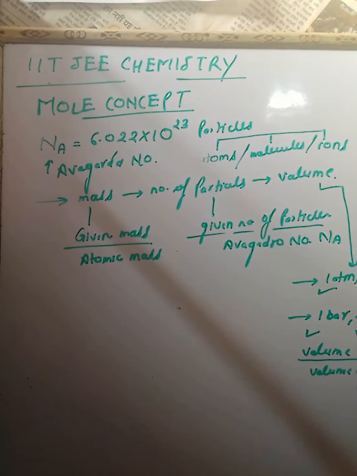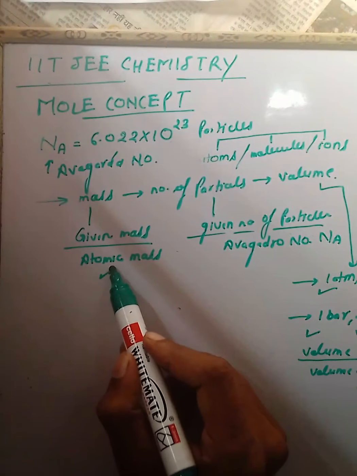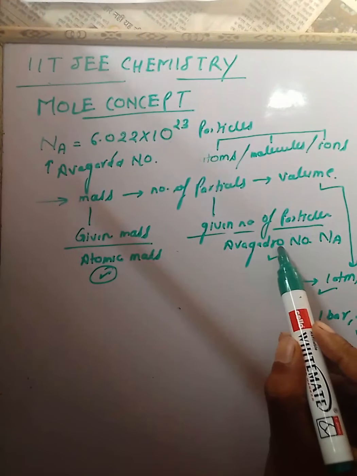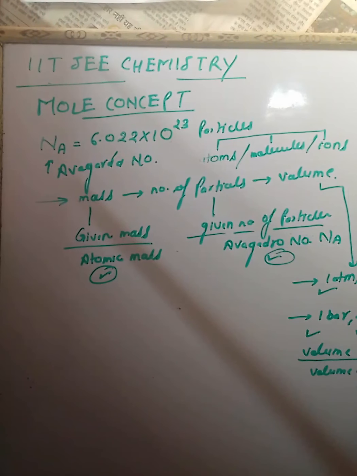Okay, so either 22.7 liters or 22.4 liters. So these are the basic formulas for calculating the number of moles of any element, either from the mass method, or from the number of particles method, or from the volume method.